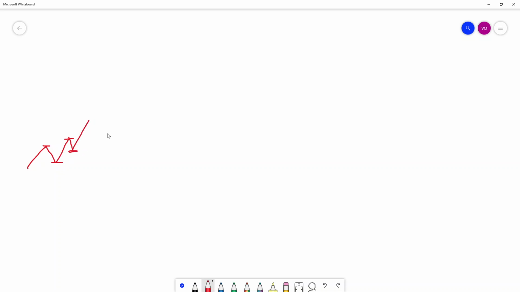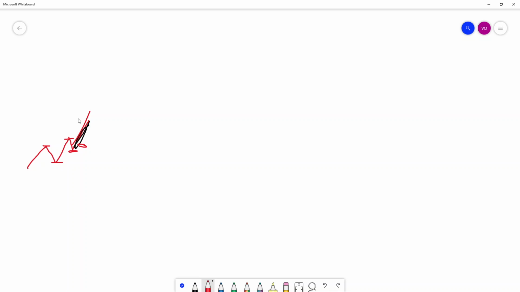This suggests an upward trend. Now, this line, let's say that hasn't happened yet. Just looking at the red lines, it would seem that the chart is making higher highs and higher lows, so it is likely to go up. So you would put your buy order somewhere around here.